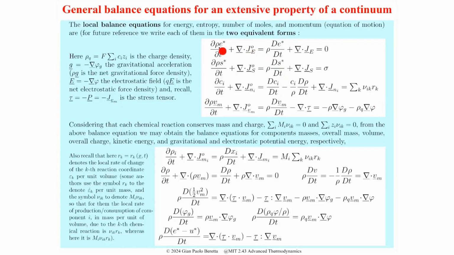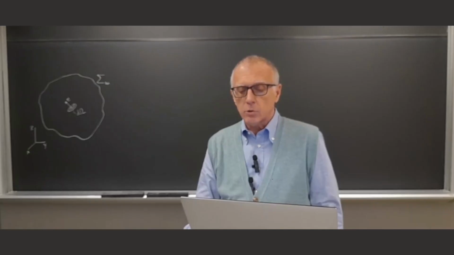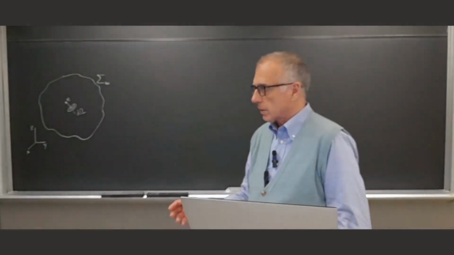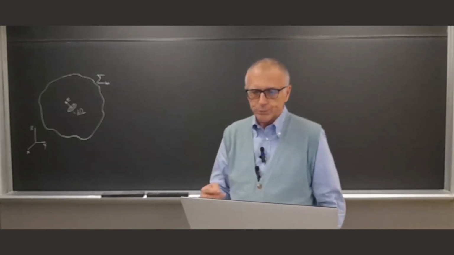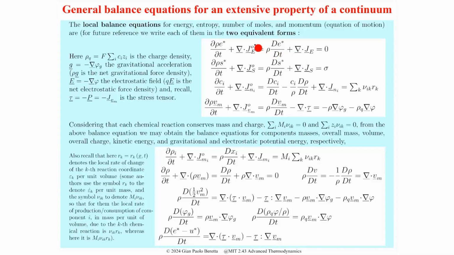And as you remember, I have written the balance equation in the two equivalent forms that we have derived. One in terms of the Lagrangian fluxes, with the partial derivative of rho e with respect to time. The other in terms of the diffusive fluxes, with the material derivative of the mass-specific properties. We proved last time that these are equivalent.